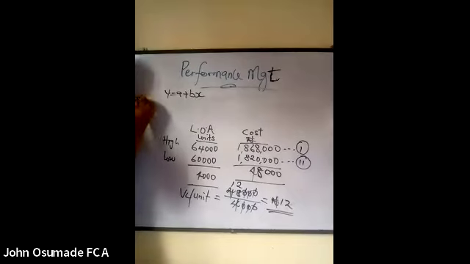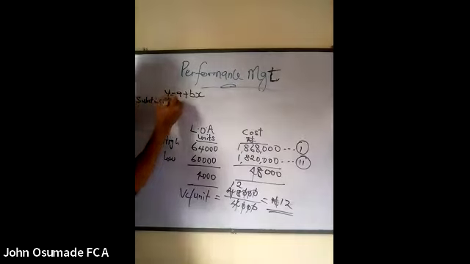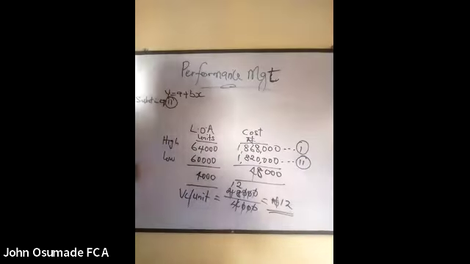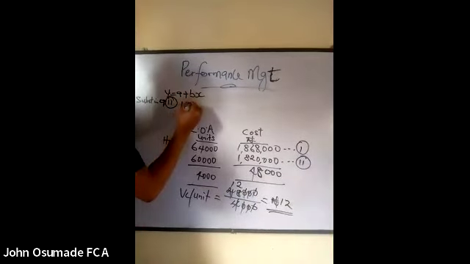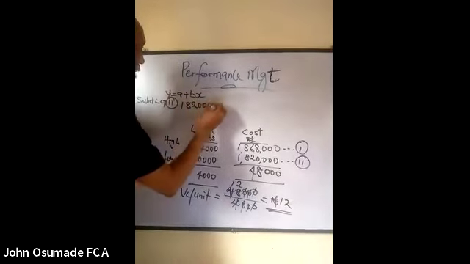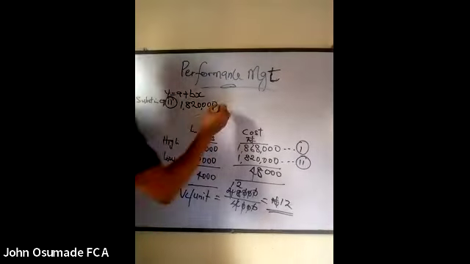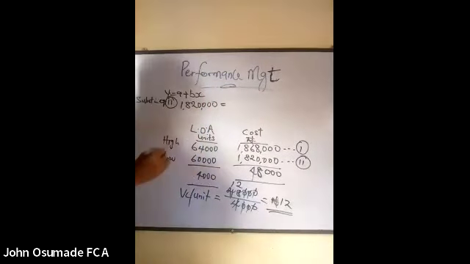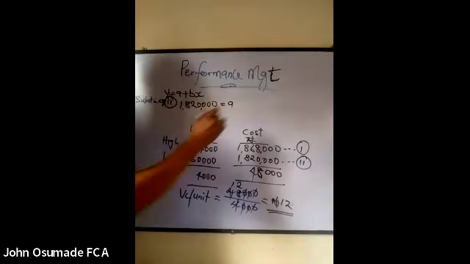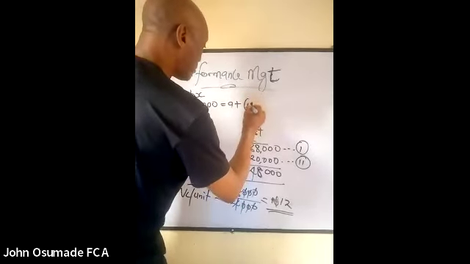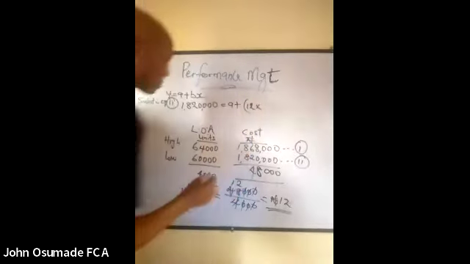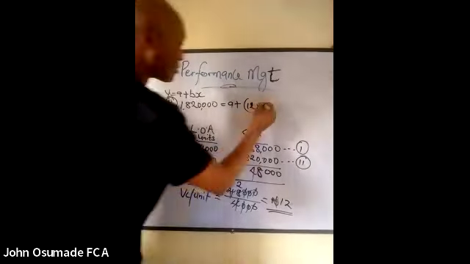So let's substitute in equation 2. Equation 2 is total cost, which is 1,820,000. That equals A, which we don't know, that's what we are looking for, plus B, which is 12 naira, times X, which is 60,000.